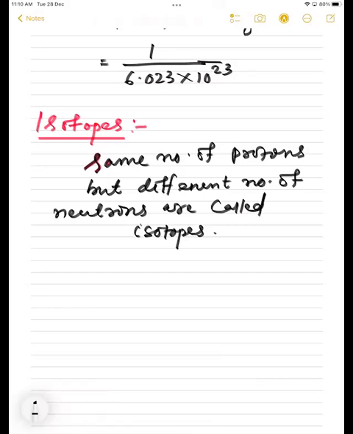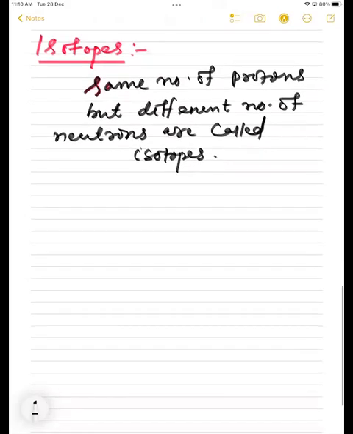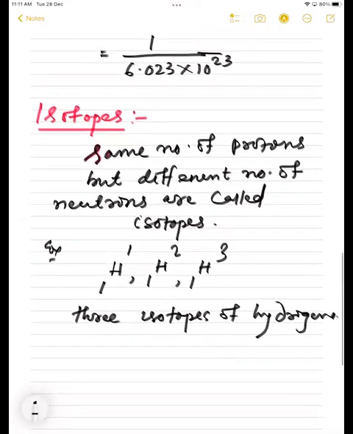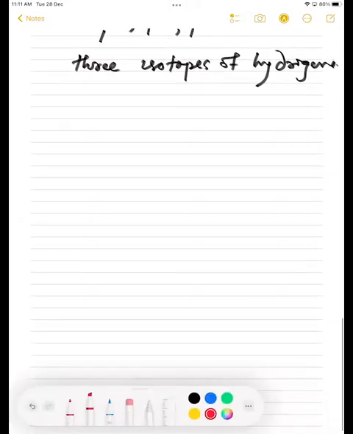For example, hydrogen, deuterium, and tritium. These are the three isotopes of hydrogen, correct? Just to remind you, the three isotopes of hydrogen.